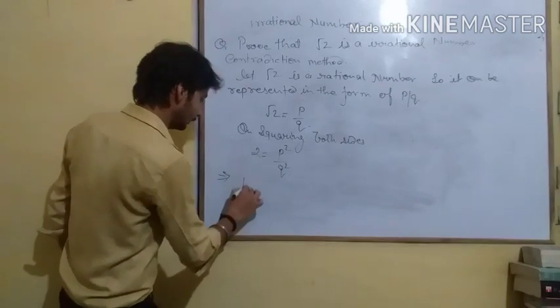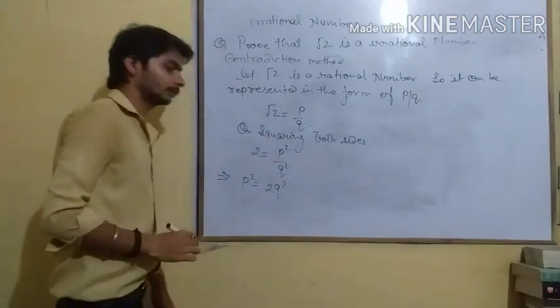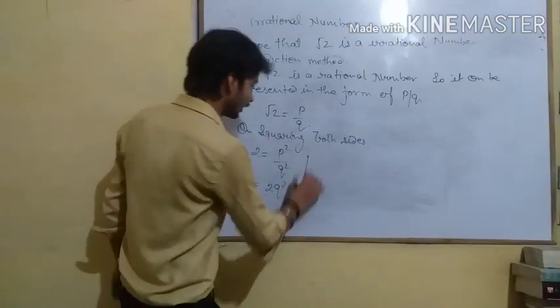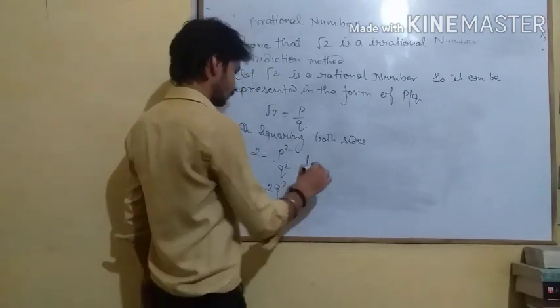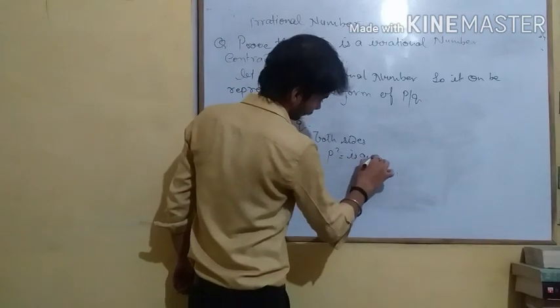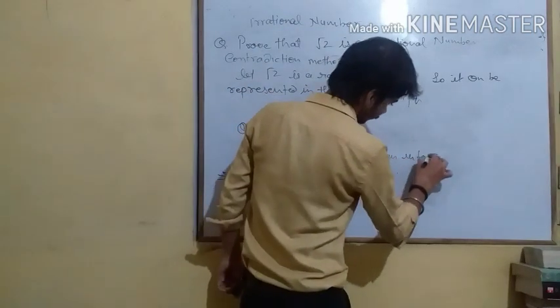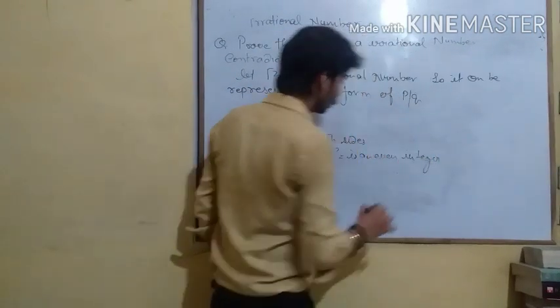So the P square is equal to 2Q square, and it shows that the P square is an even integer. Let me show you how.